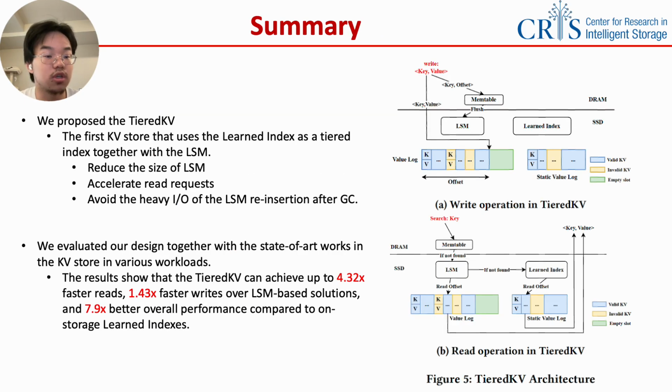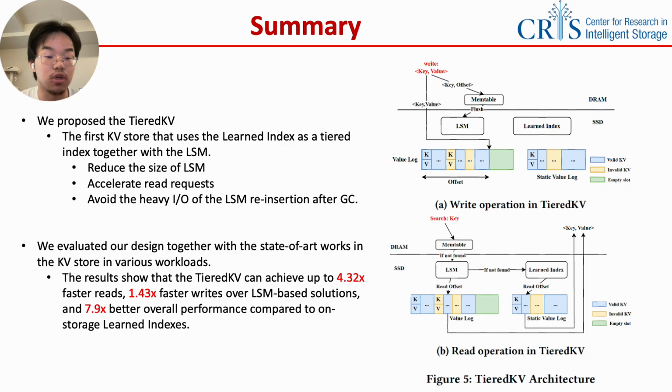So here comes our summary. Basically, we propose TieredKV, which is the first key-value store that uses the learned index as a tiered index together with the LSM. It could reduce the size of the LSM, accelerate read requests, and avoid the heavy I/O of LSM reinsertion after garbage collection.